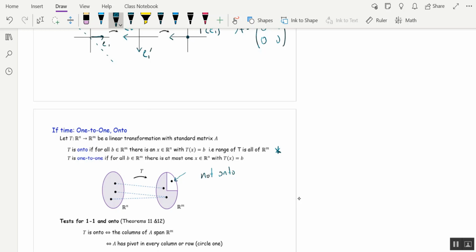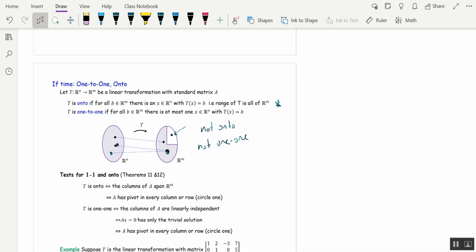And then T is one-to-one if for all b over here in Rm, there's at most one x that goes to that b. And so in my picture here, T is also not one-to-one, because this vector here gets hit by two guys over here, and that's not allowed. And so in theorems 11 and 12, I'm just going to summarize here.